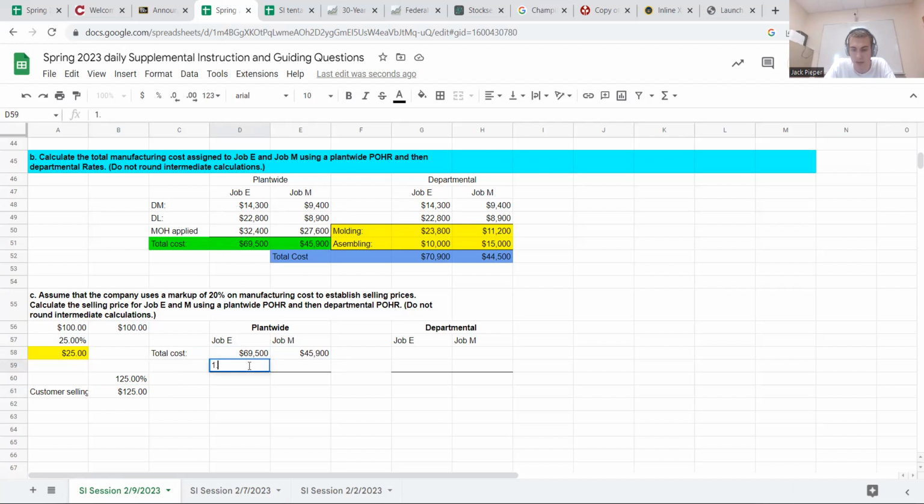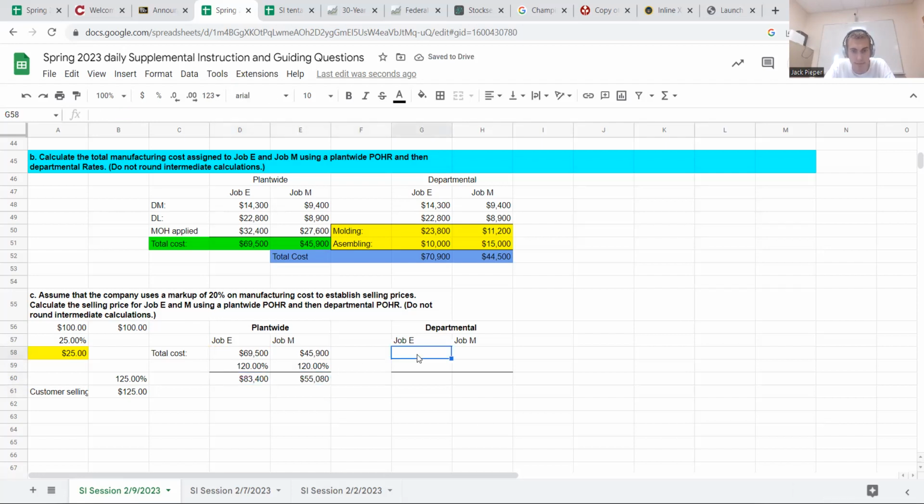Like I said, I'll do 1.2, which is a 20% markup. Then I will express that as a percentage just so it's a little bit more clear. And then all I've got to do to find the price we're charging the customer is multiply them. And again, since I used references, I get to use the fill function.